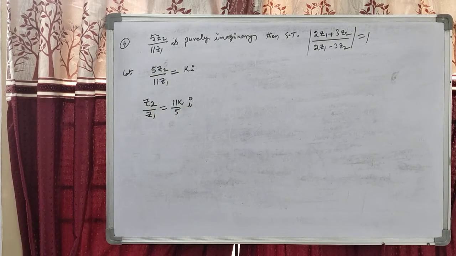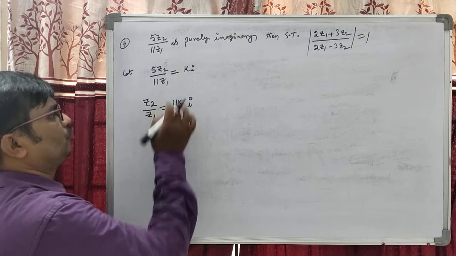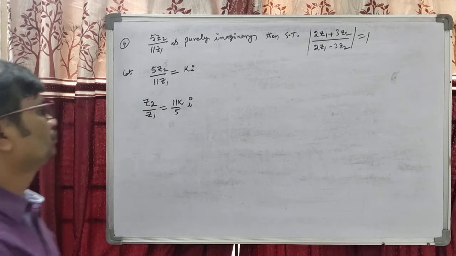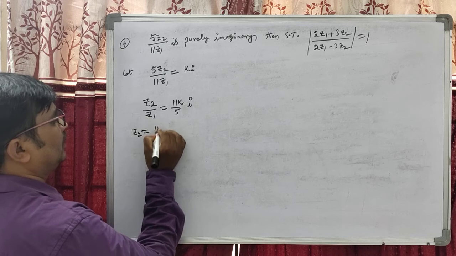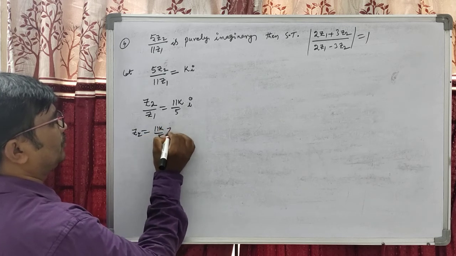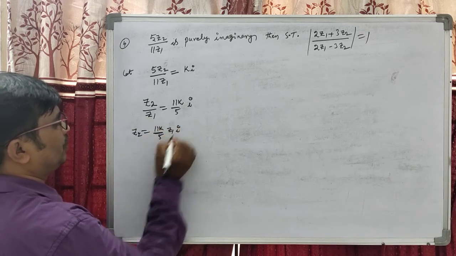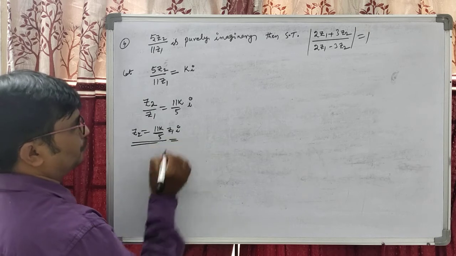So Z2 can also be written as 11k by 5 Z1 into i. This is the value of Z2.